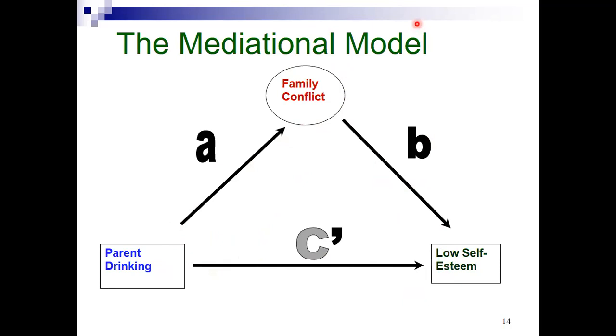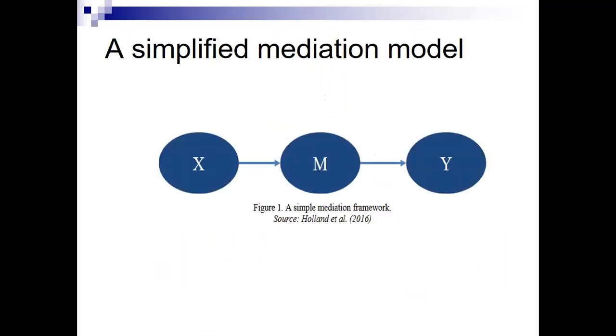It ignores the possibility of other mediators; there could be several mediators, not only family conflict. So that's the language thing, which I will note later as well. This is a simplified model, so you may also see it depicted this way: X affecting Y through M.